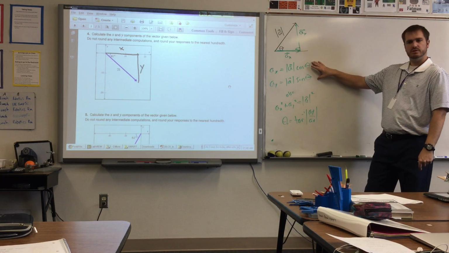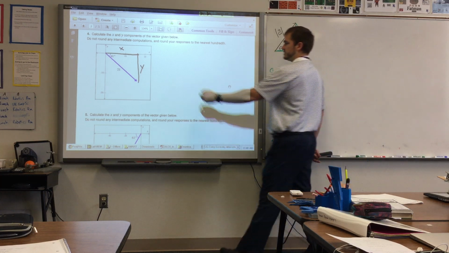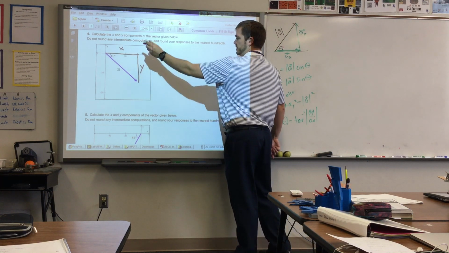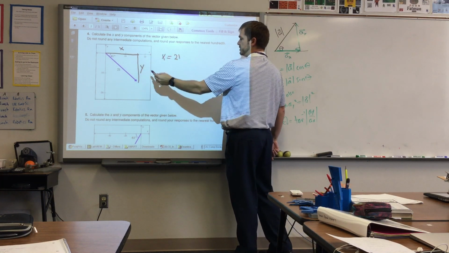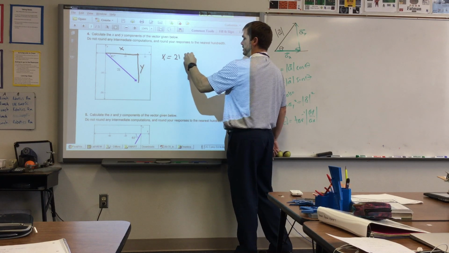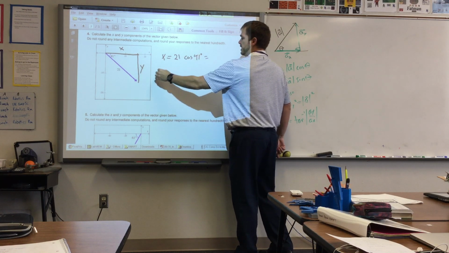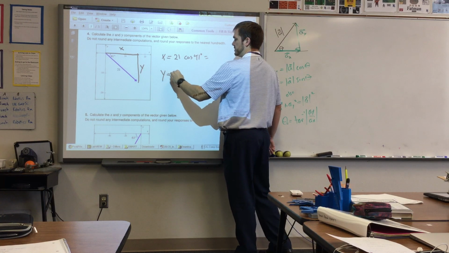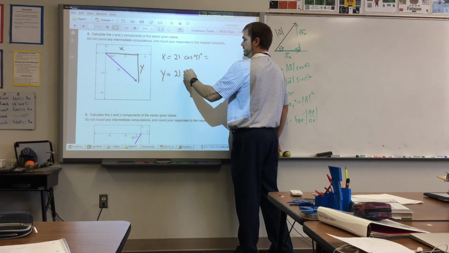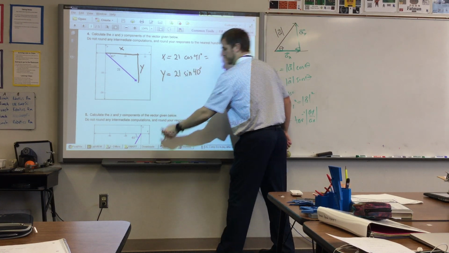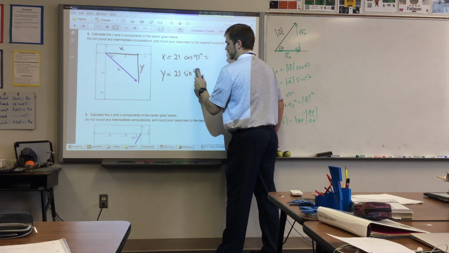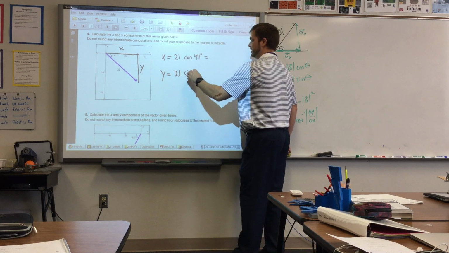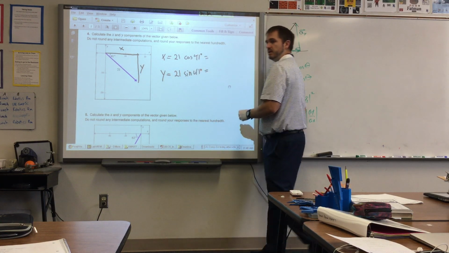We've proven that it's following these 2 formulas. So the x is the magnitude cosine the angle, so 21 cosine 41 degrees. And the y component is magnitude sine theta. So 21 sine 41 degrees.